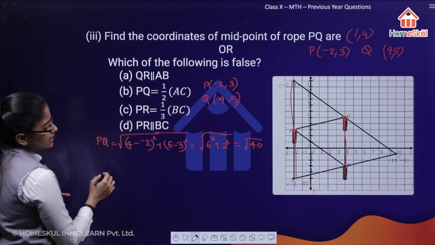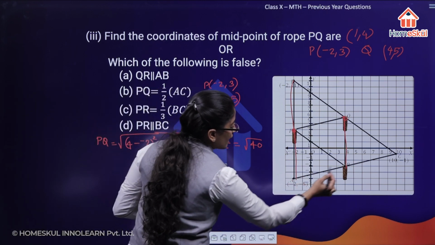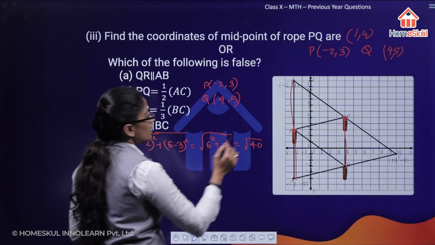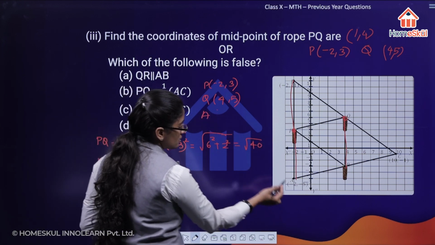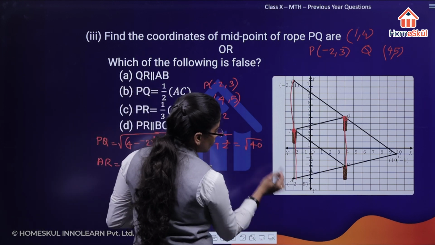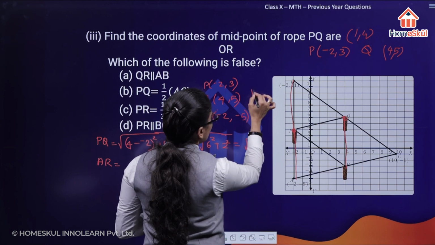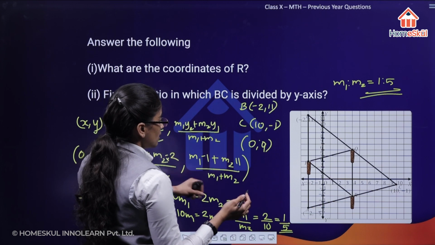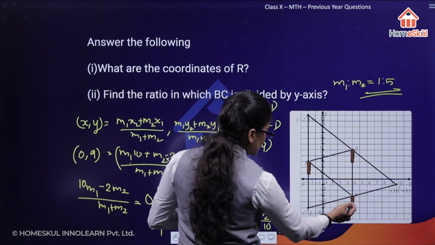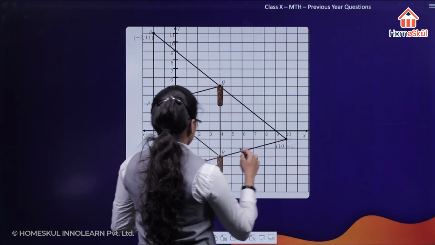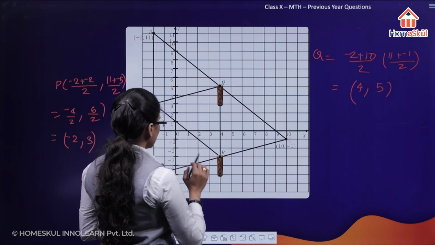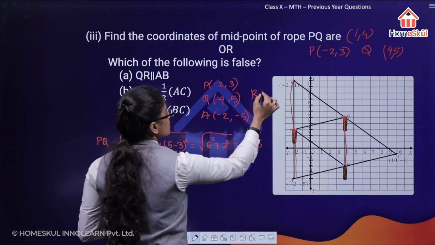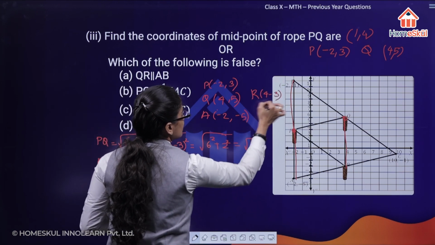And what about the distance AR? What are the coordinates of A? Coordinates of A are (-2, -5), and R we have already found in the first graph, that is R is equal to (4, -3).